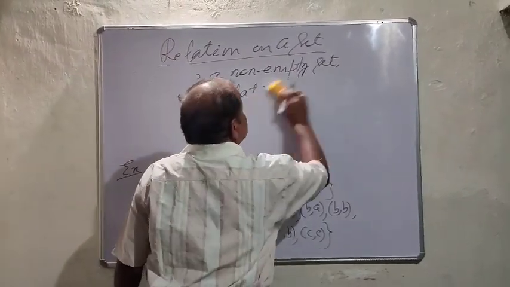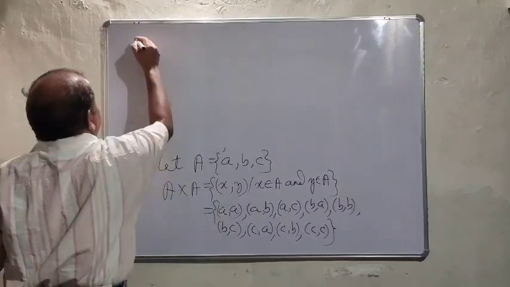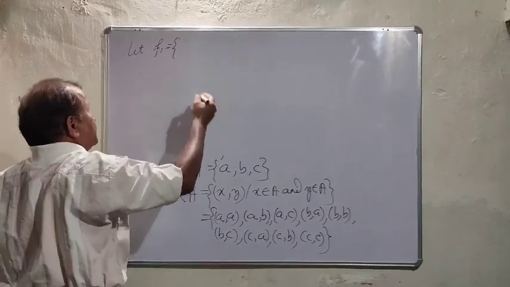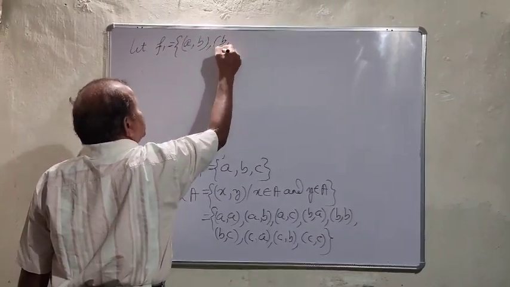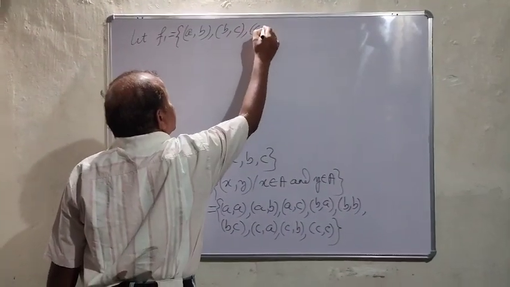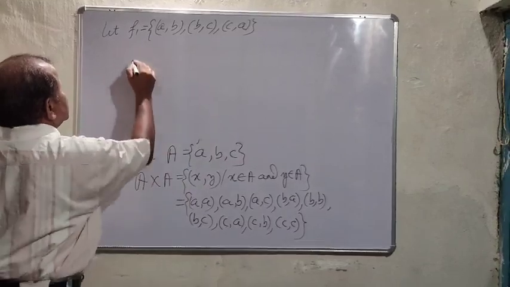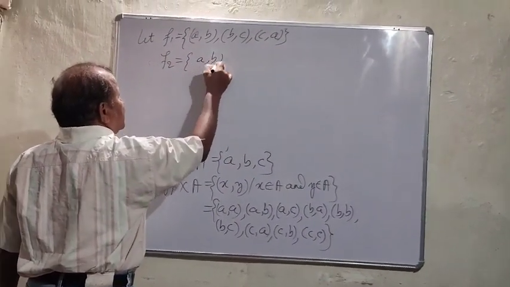Let us take some examples of relations on A. Let F1 be equal to {(a,b), (b,c), (c,a)}. Yes, this is a relation. F2 equals {(a,b)}.